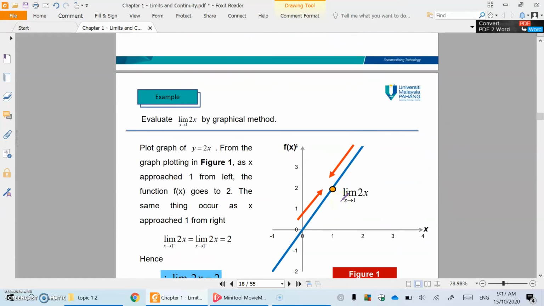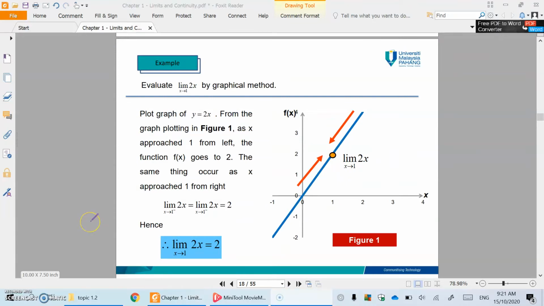So we move to the first example. Evaluate the limit of 2x as x approaches 1 by using the graphical method. Firstly, we must plot the graph of y equals 2x, which is a linear equation. From the graph, we will consider the left side limit and also the right side limit. As x approaches 1, 1 is here.